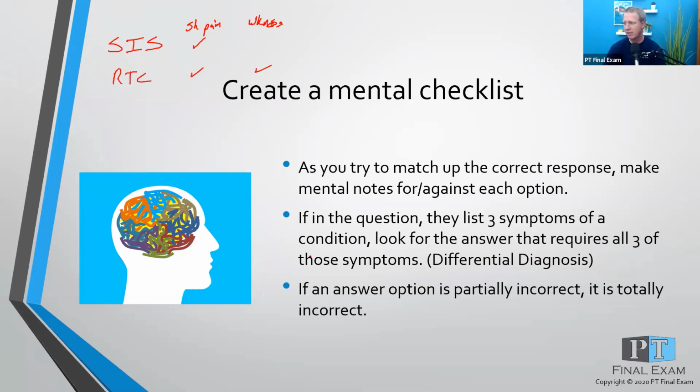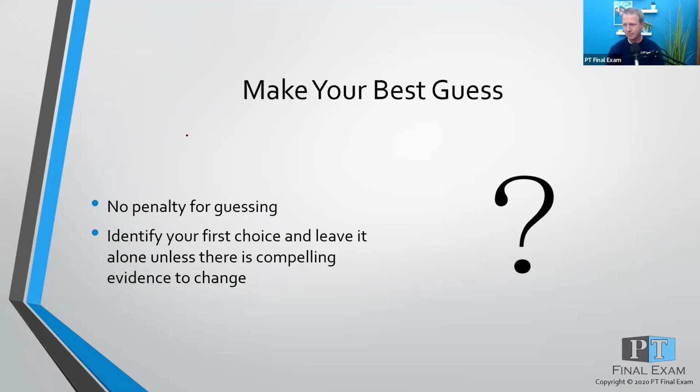For instance, if they list 3 symptoms of a condition, make sure you identify the condition that has all of those symptoms, not just part of it. So that's for differential diagnosis. You're just comparing and contrasting options, trying to find the one that best fits the question. So that's number 2, make a mental checklist.